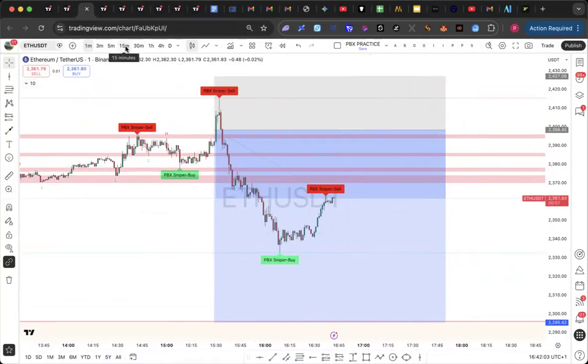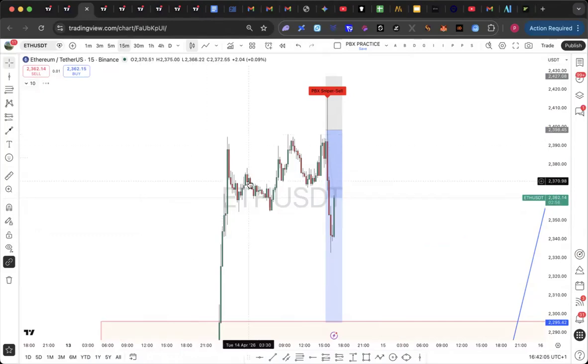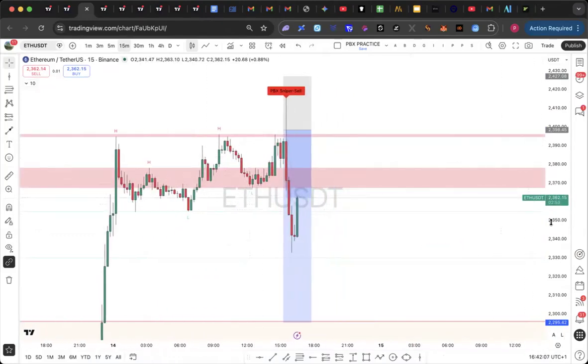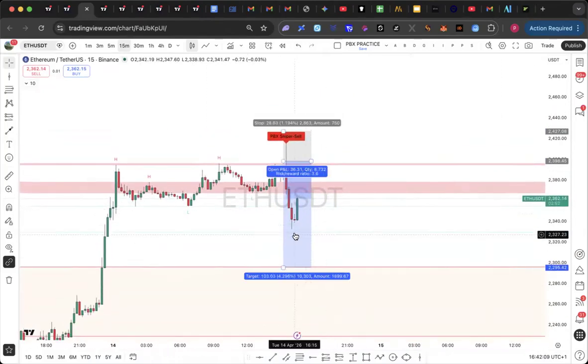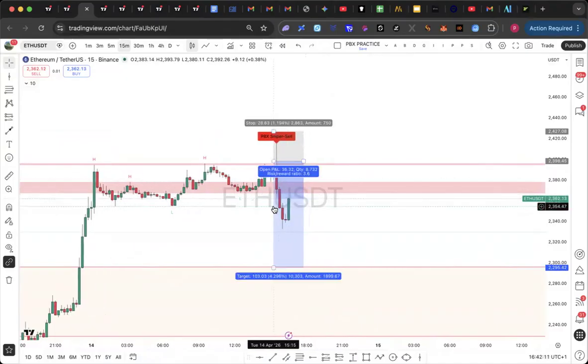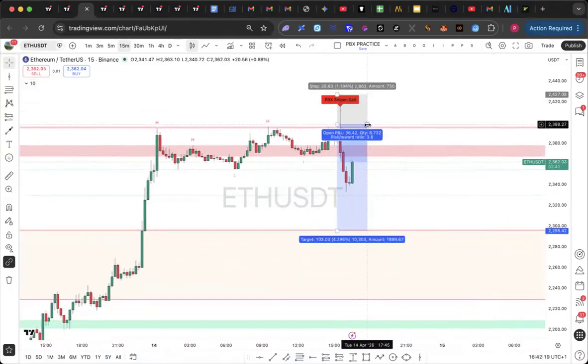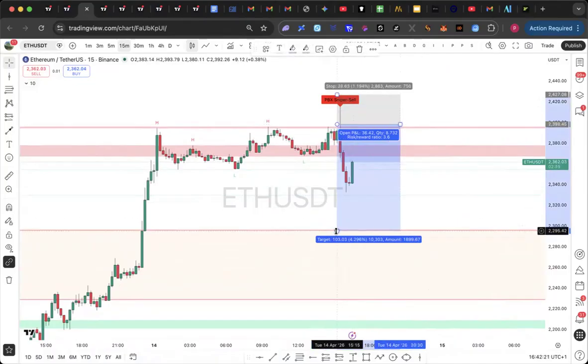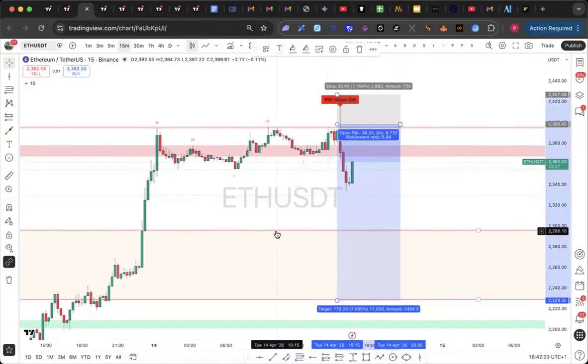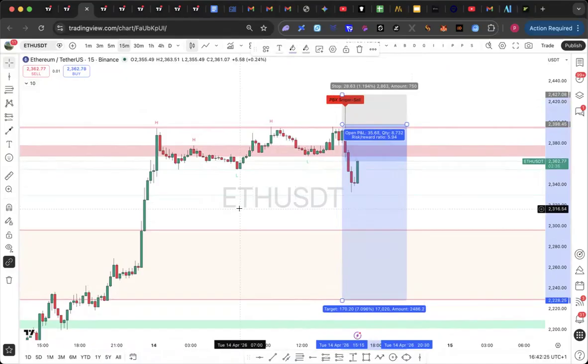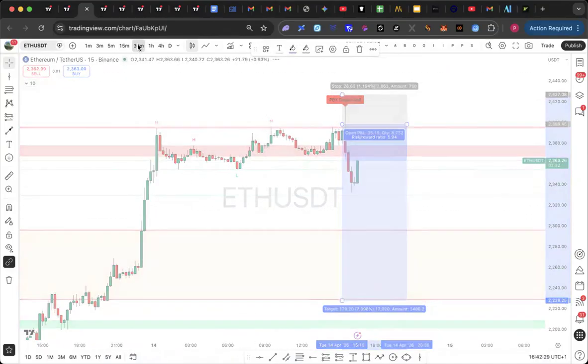So you expand back to 15 minutes. You can see as it came down, you are expecting some rejection here. If the market returns back here and gives you a very nice rejection, you add more position. If I extend down to this point, that'll give you 1:5 risk reward, almost 1:6 risk reward.